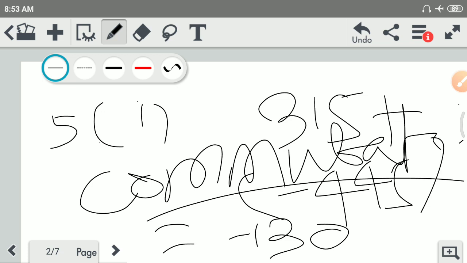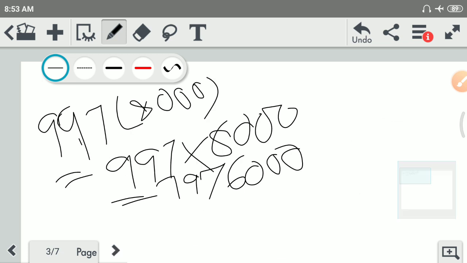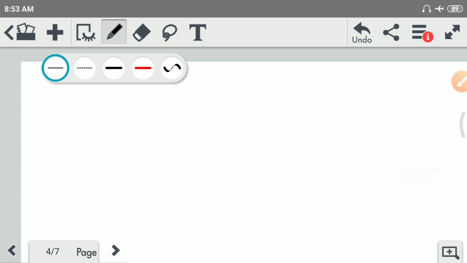Now find the product using suitable properties. Question number 6 is very simple. Here no need to do anything, you just multiply, and I hope you all know how to multiply numbers.